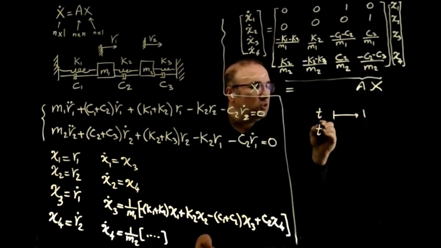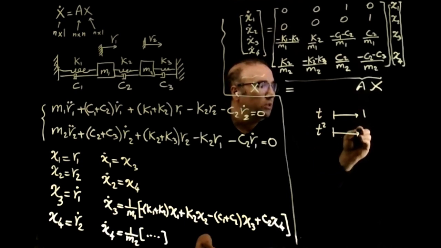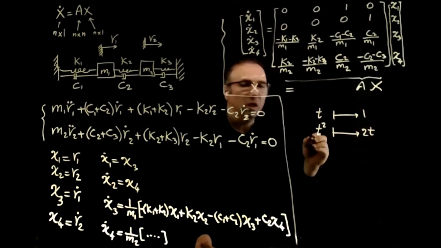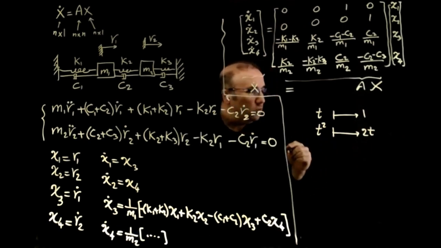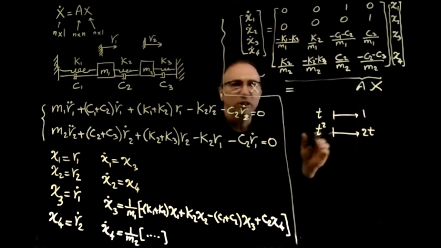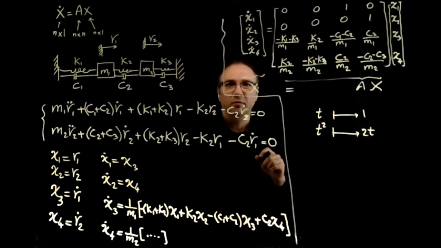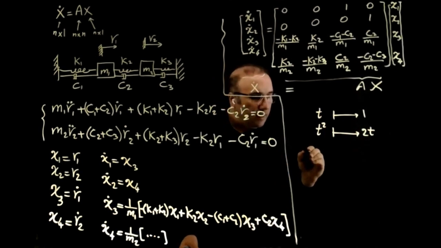The derivative of t squared would be 2t. Derivative of sine t would be cosine t. So they thought, is there any function whose derivative equals itself? Then we can think about this function.